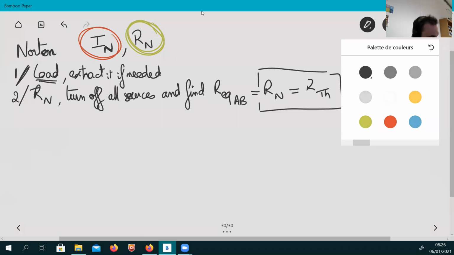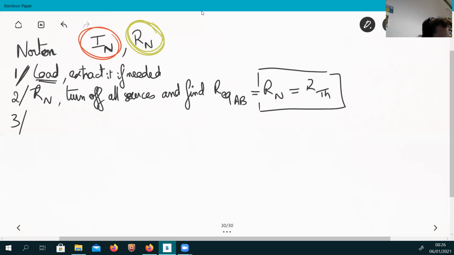So again, for IN, turn back on all sources, and we start looking for this current. We are looking for a current that we're going to call ICC. So let me just go back.